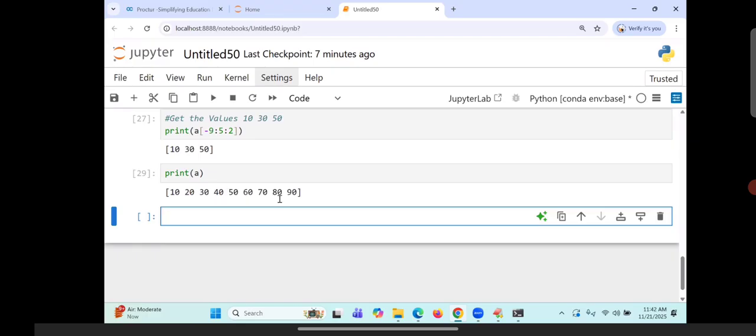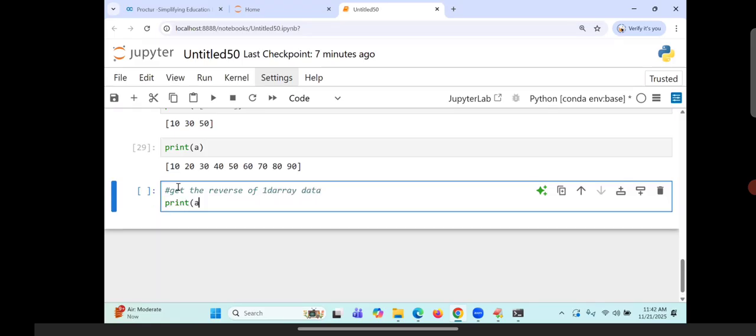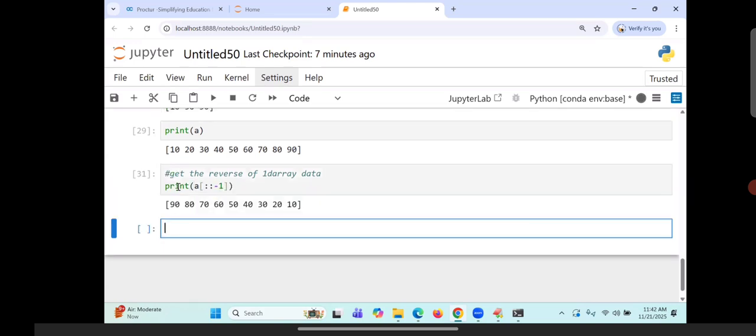Last and final. This is my data. I want to get the reverse data. So get the reverse of the ndarray data. That is called 1D array data. Easy. Print of A of colon minus 1. Are you getting it?